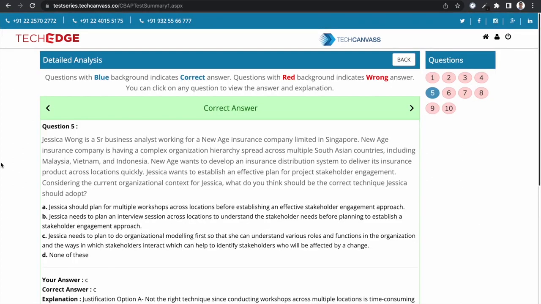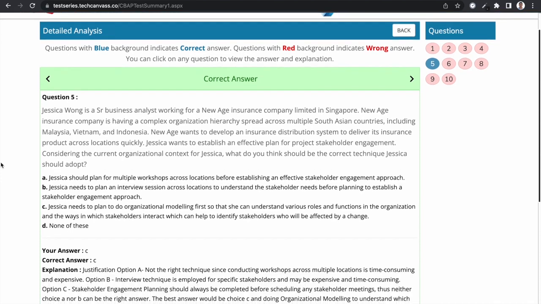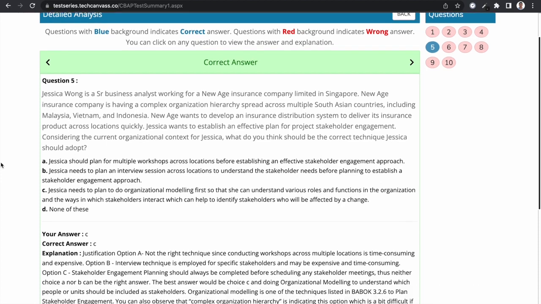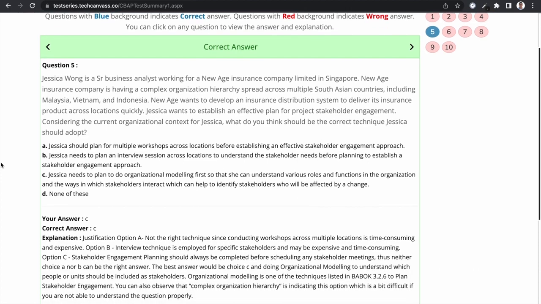Here is the justification for the answer that you selected. In this tool, you can see the question is there. While we see the detailed analysis, the exam series allows us to view the correct answer as well as the justification behind it.